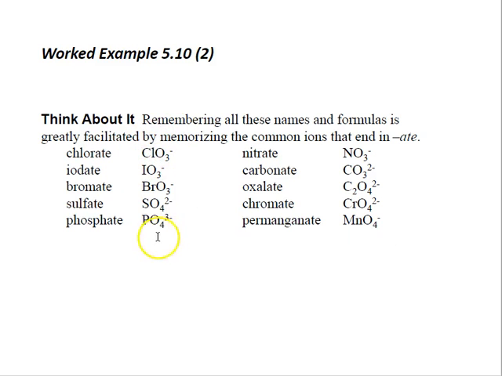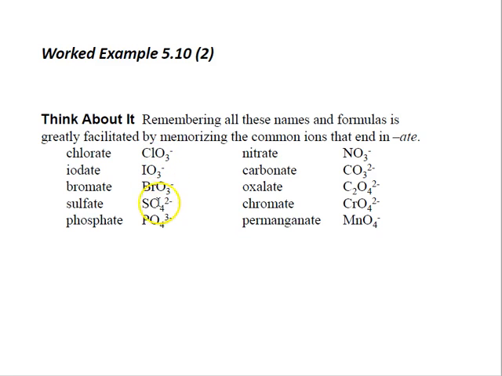So here are some common polyatomic ions that you'll want to commit to memory. It says remembering all these names and formulas is greatly facilitated by memorizing the common ions that end in -ate. Then you can apply the -ite ending or the per- prefix. You can have a per- prefix and a hypo- prefix in some situations.